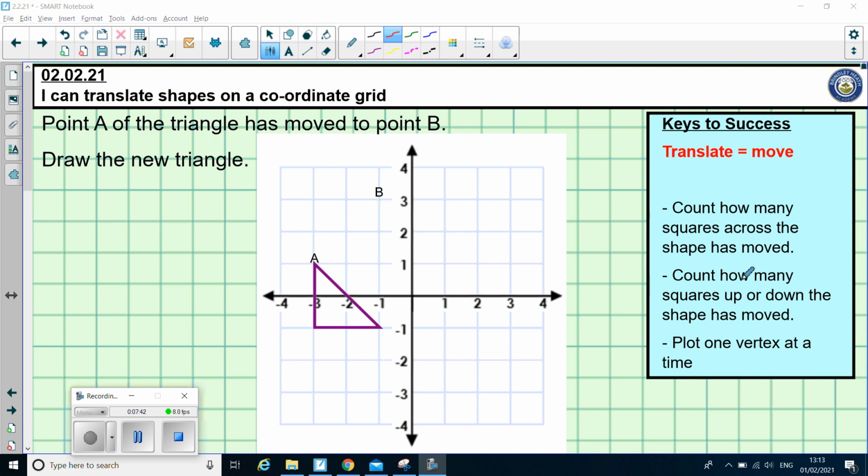Okay, so to do this, I need to count how many squares across the shape has moved. I need to count how many squares up or down the shape has moved. And then I need to plot one vertex at a time to be able to do it.